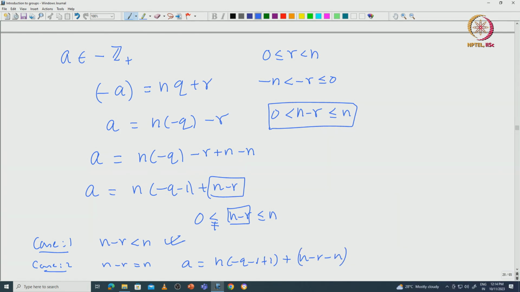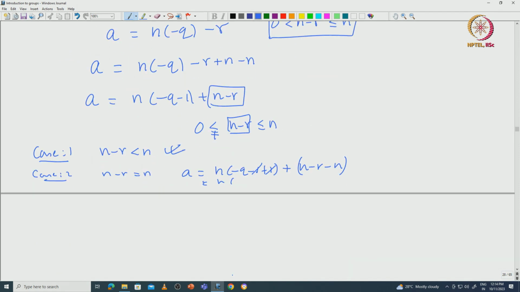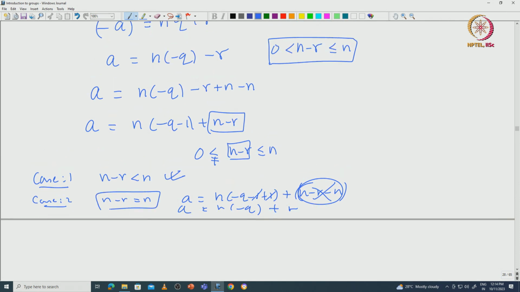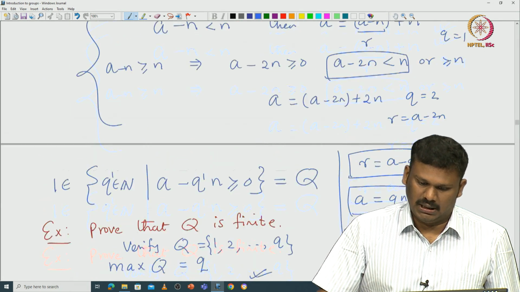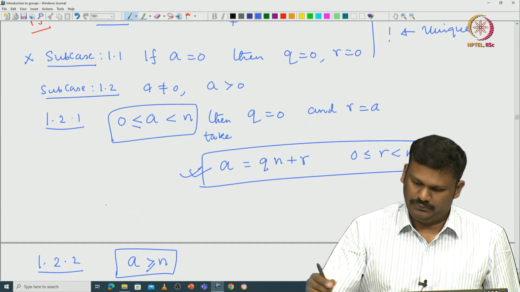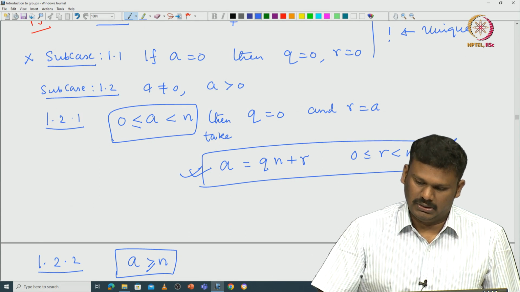So, this will get cancelled, and again you get n times minus q plus minus R, and the remainder becomes 0. In all these cases, you are able to produce q and R such that equation star holds. So, there is no issue.